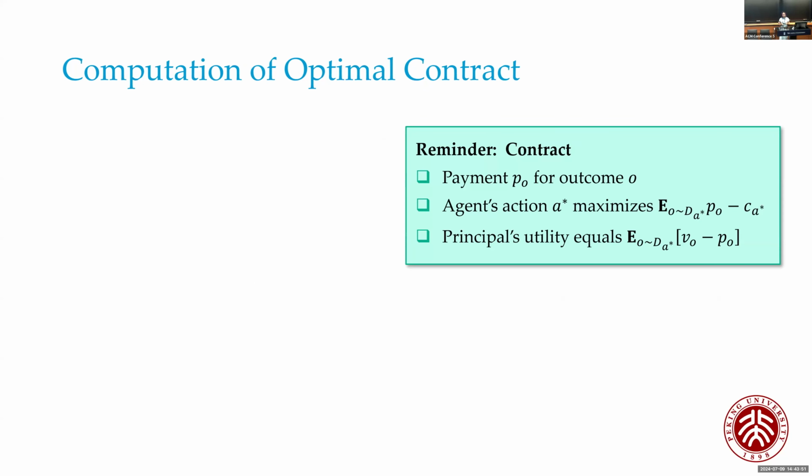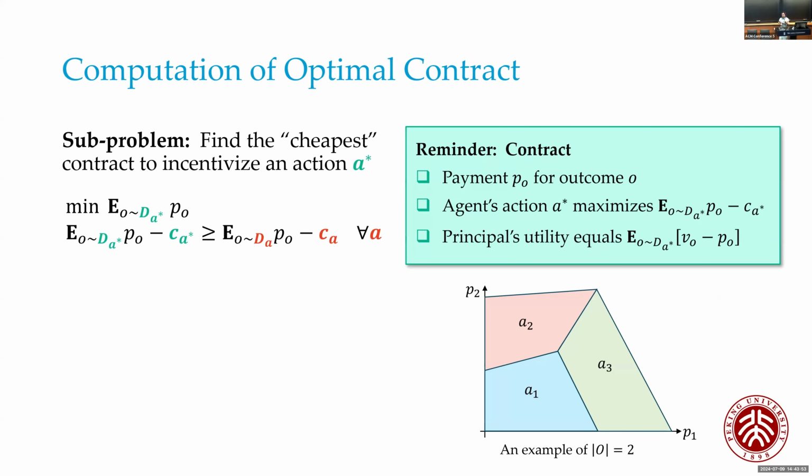So the computation of the optimal contract actually reduces to solving linear programming problems. Basically, we can treat the contract space as our strategy space, and we can partition the whole contract space into different polytopes, each corresponding to an agent action a.